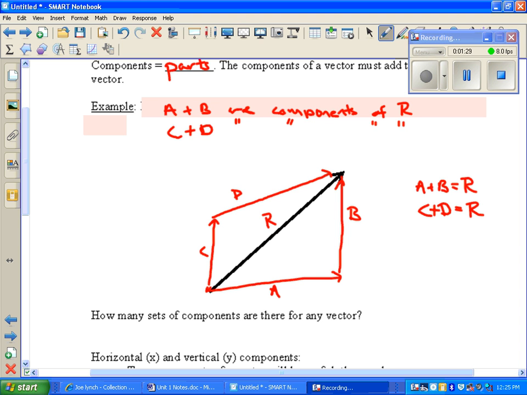I could go from here maybe up to here, and then over to here, and then down to there. Call this E, F, and G. So vector E plus vector F plus vector G equals R. So they are also components.